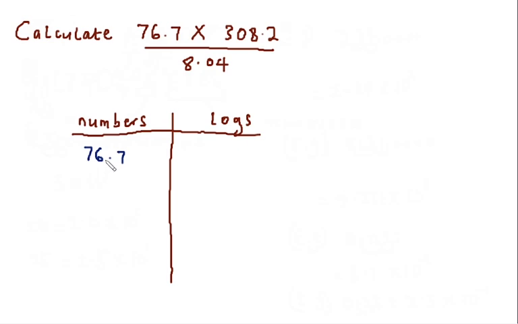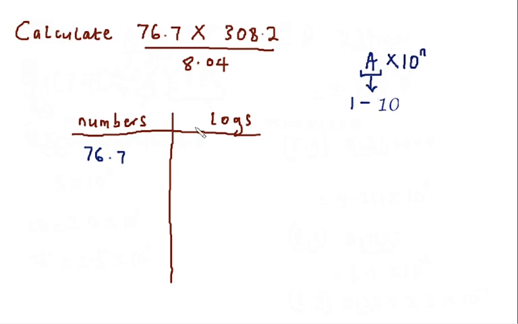standard form. A standard form of a number is simply expressing the number as a times 10 to the power of n. This number a has to be between 1 and 10. So our task here is to express 76.7 as a and then multiply it by a power of 10.